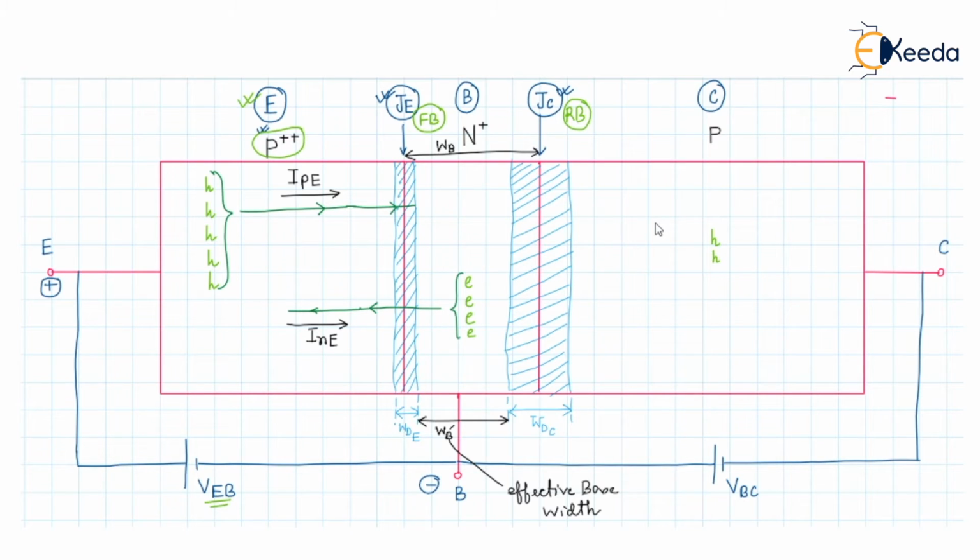Now, when the electrons come into the base region, they have produced a current INE.